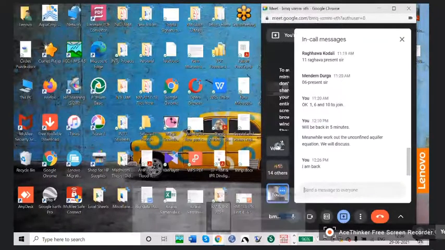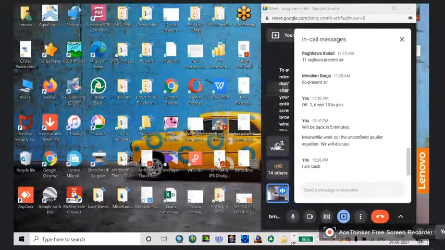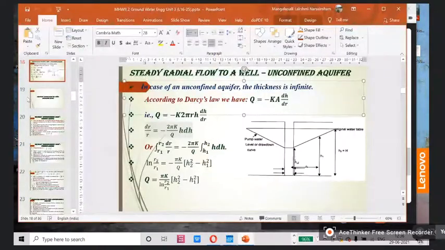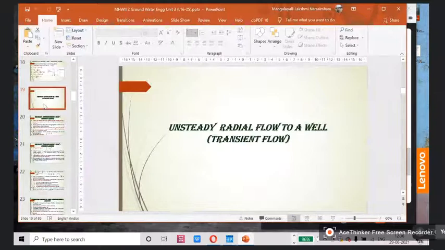So, going back to our study, so far we have considered steady flow. That means from the beginning, we continuously start pumping. So when we start pumping and reach a constant rate, but in between, the flow will be unsteady.